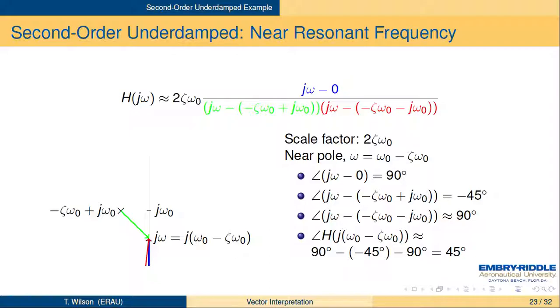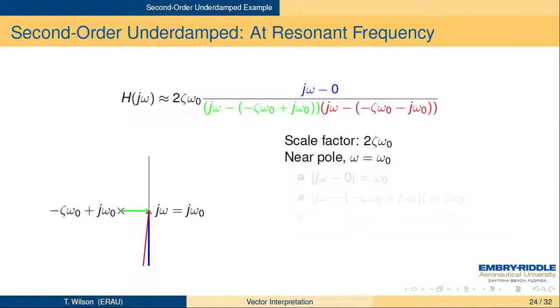And let's increase the frequency all the way up to omega naught, and now you can see that the length of the vectors from the 0 and from the pole with a negative imaginary part didn't change that much, but the length of the vector from the pole with the positive imaginary part changed from root 2 zeta omega naught to just zeta omega naught.